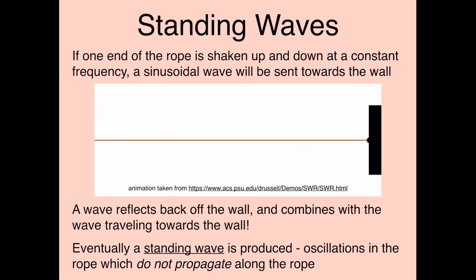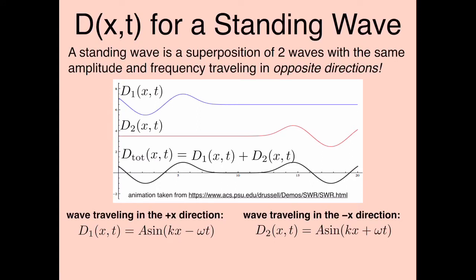So a standing wave can be thought of as a superposition of 2 waves that have the same amplitude and frequency, but travel in opposite directions. In other words, we'll have D1, which travels to the right, and we'll have D2, which travels to the left, but then D total is the sum of those two, so D total equals D1 plus D2.